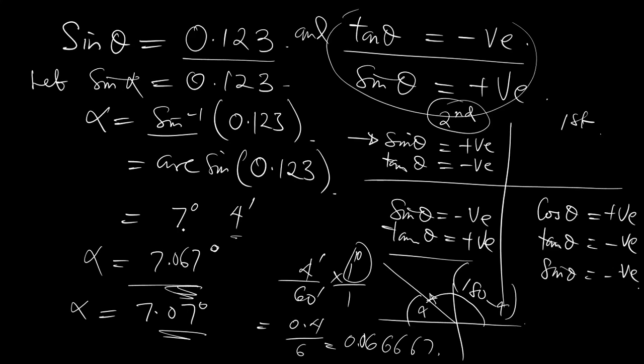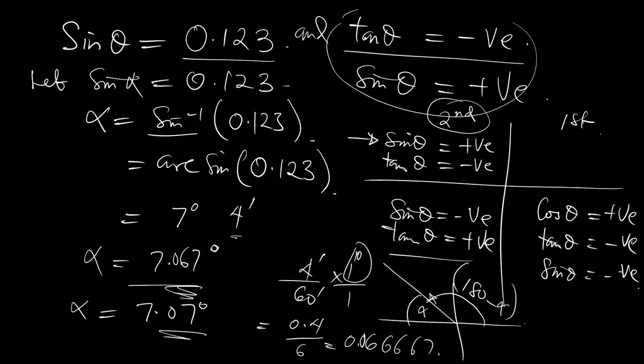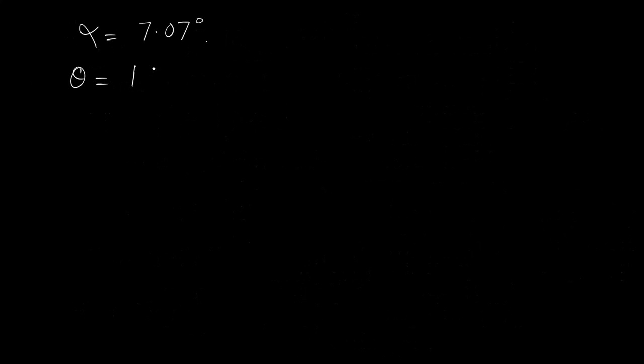Now we have gotten alpha to be 7.07 degrees. Now the theta, based on the condition that tan theta is negative and sine theta is positive, falls in the second quadrant, where the angle is 180 minus alpha.